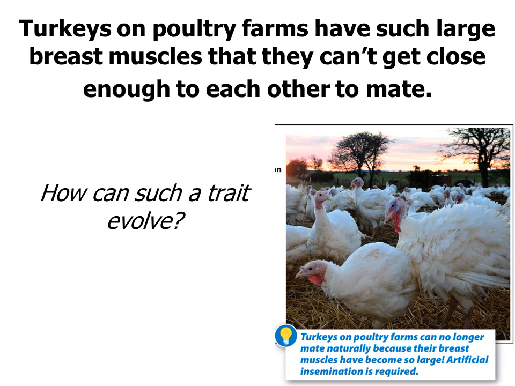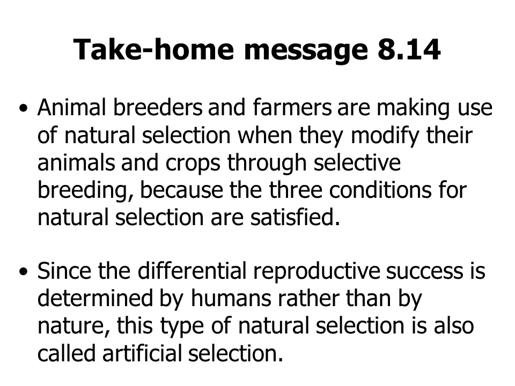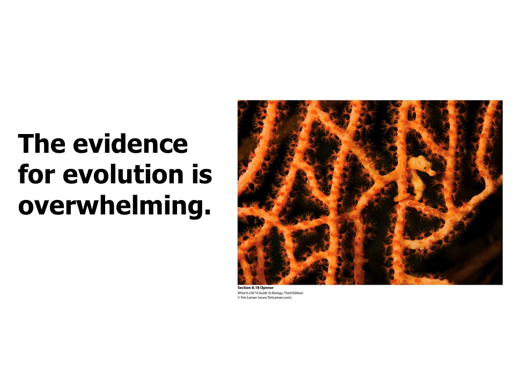In fact, it's so unnatural that their breasts are too big to allow turkeys to reproduce naturally. So turkeys on poultry farms can no longer mate naturally, and artificial insemination is required. That's an extreme example of artificial selection, but it's the same result: differential reproductive success.